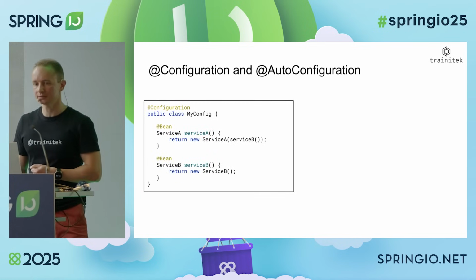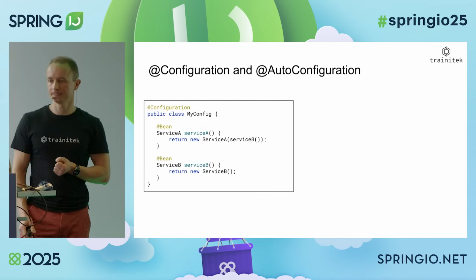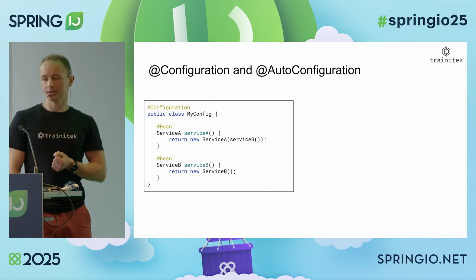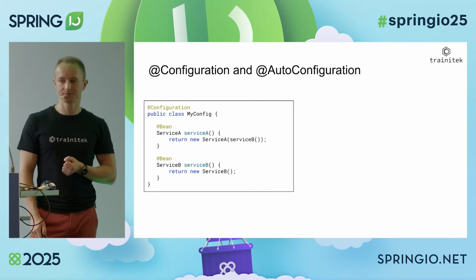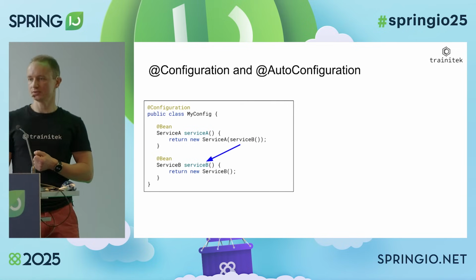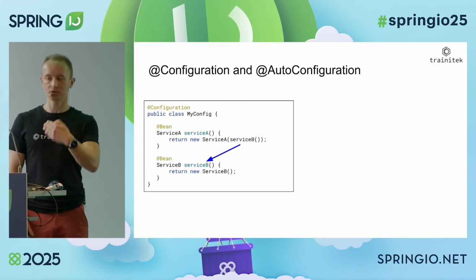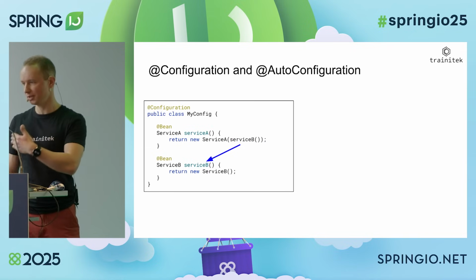The difference is that when you use a configuration, and for example you want service A to depend on service B, by calling the local method, Spring will do the magic for you.